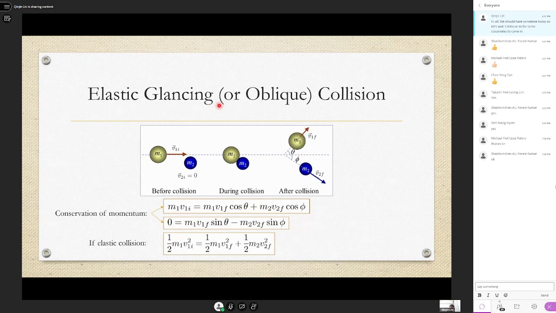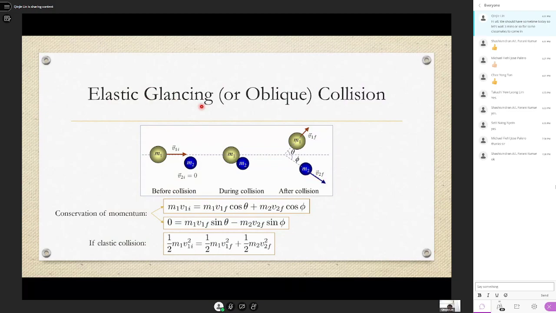For an elastic glancing or oblique collision, that means you strike a particle, but they never collide head on. So what will happen? They will go away from each other, not so nicely anymore. They will hit like this, and then M1 will go somewhere to the top right, M2 will go somewhere bottom right.